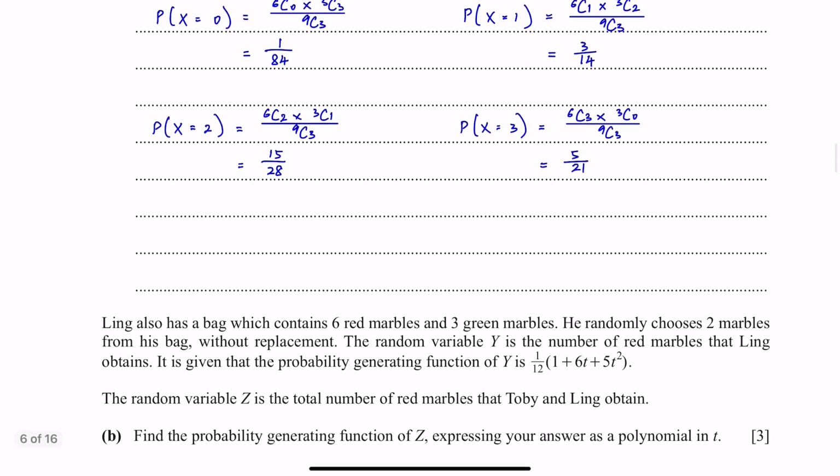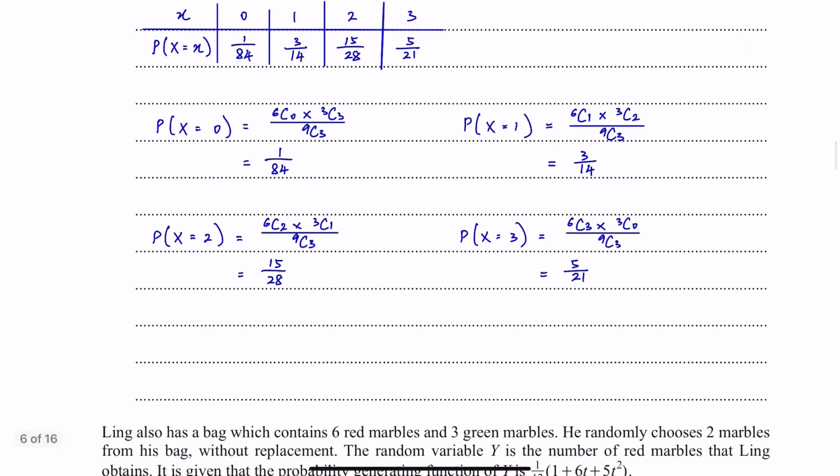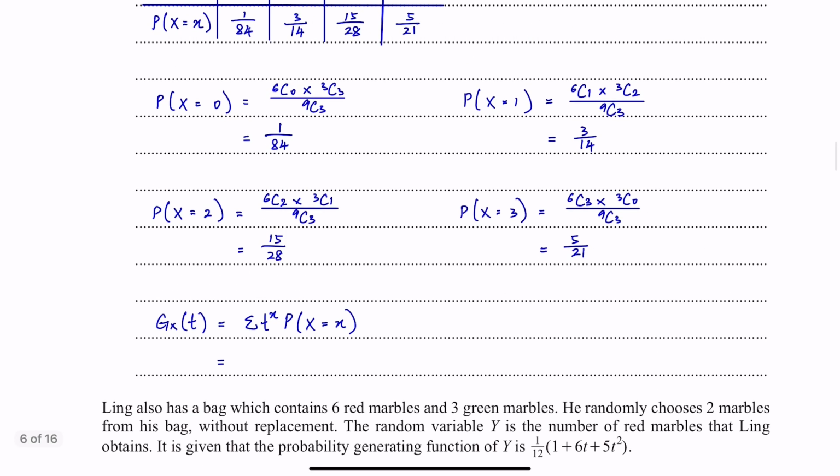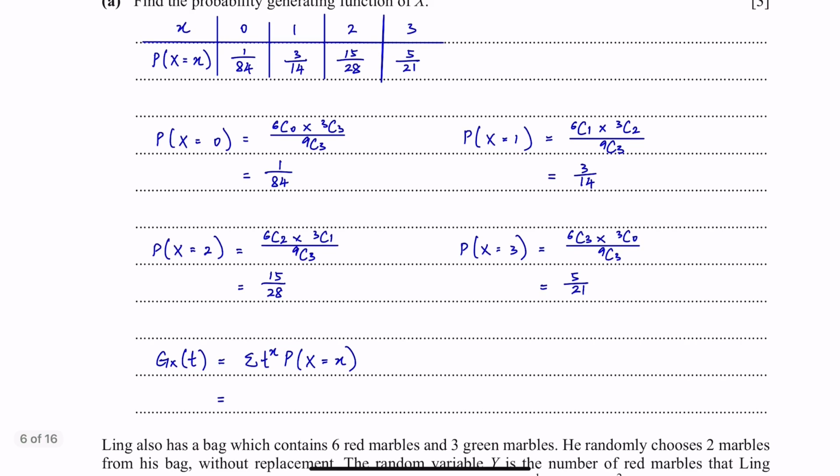Okay, so now for the probability generating function, it would be the sum of t to the power of x times the probability of getting x. So the first value would be t to the power of 0 times 1 over 84.